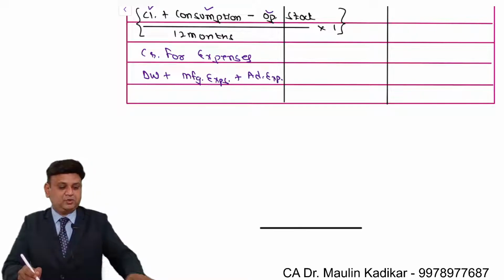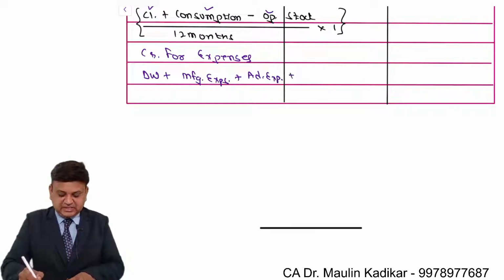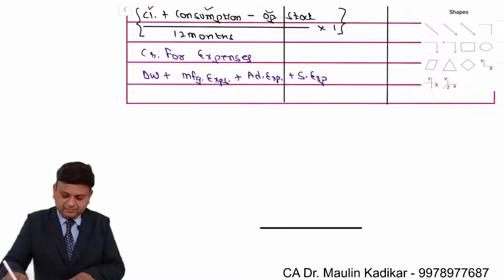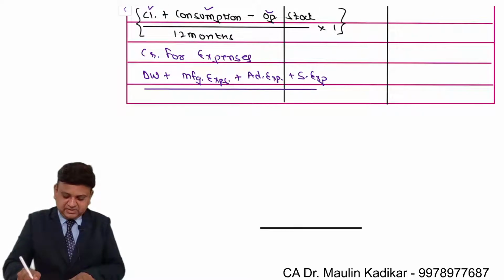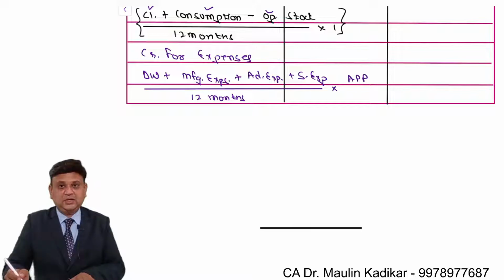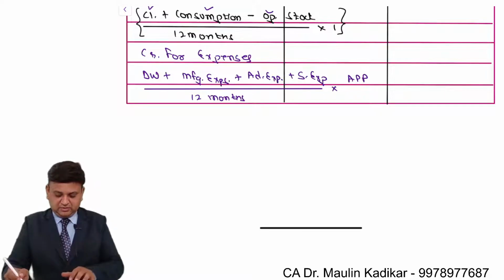We compute the total expenses plus selling expenses, whatever the total is, divided by 12 months, into the average payment period. This is the way we compute the answer.